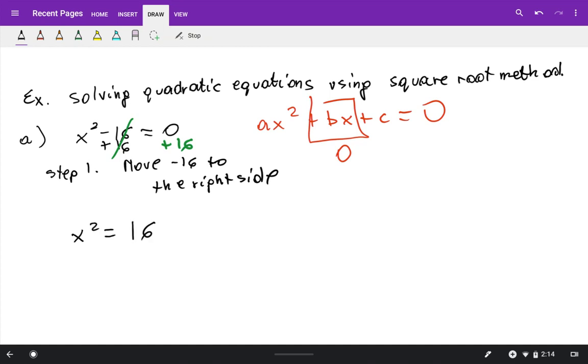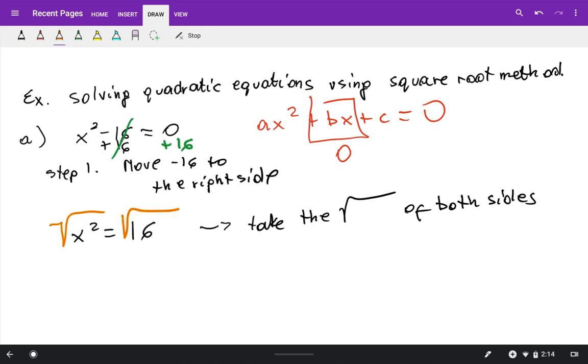And now you're going to take the square root of both sides, and square root of x squared is just x. So we have x equal square root of 16, which we all know is 4, but also x equal negative 4, because square root of 16 is also negative 4. So we end up with two solutions.